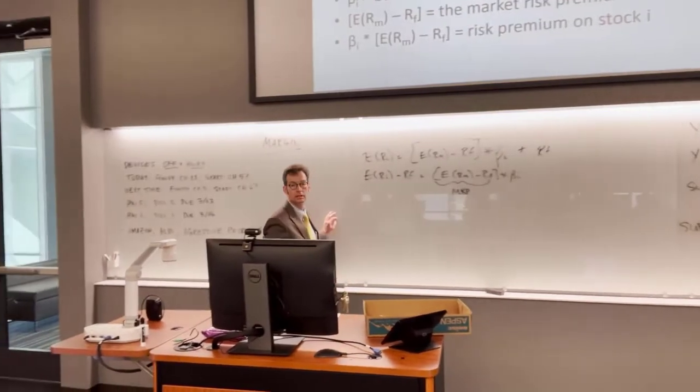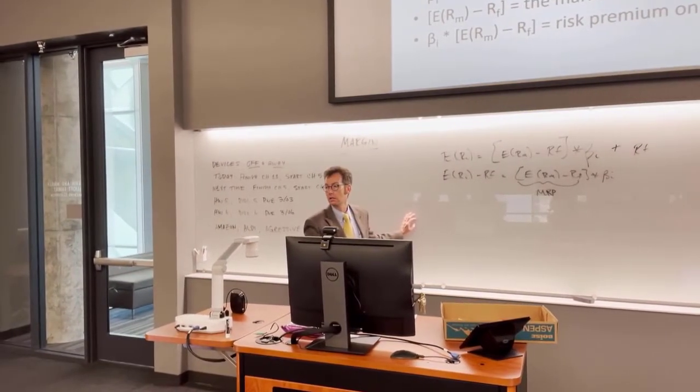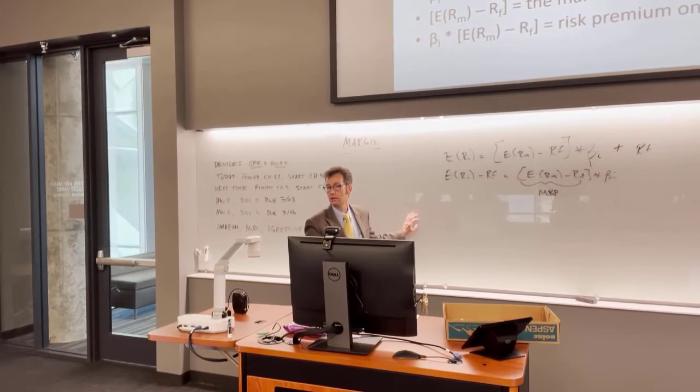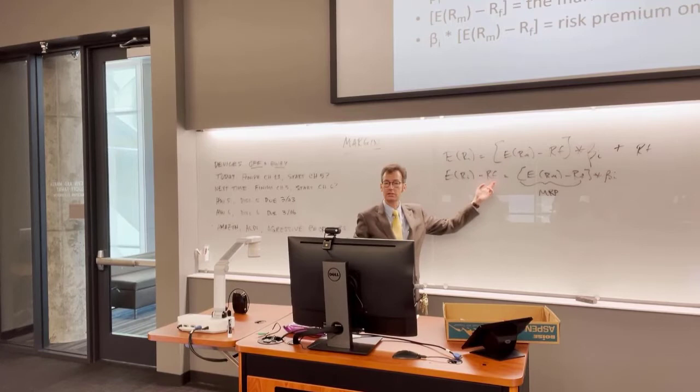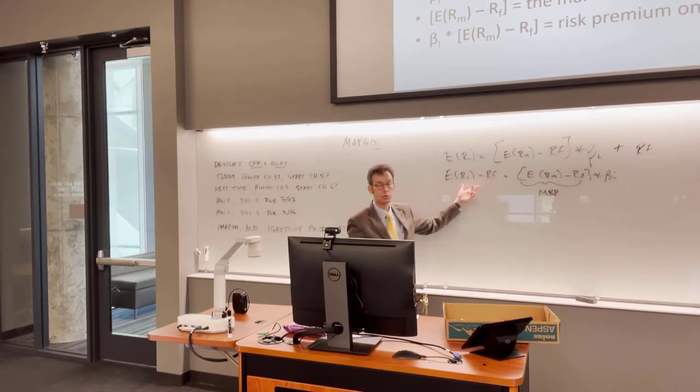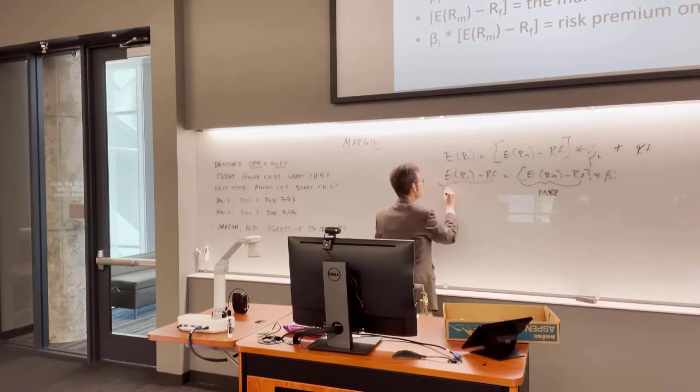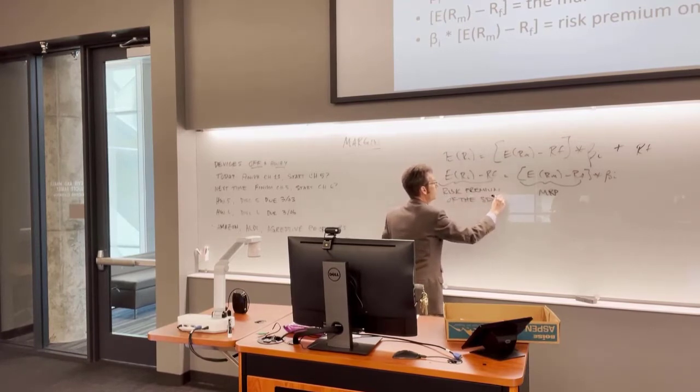What's this then? What is the expected return on anything minus the risk-free rate? It's the risk premium of that thing. So this is the risk premium of the stock.